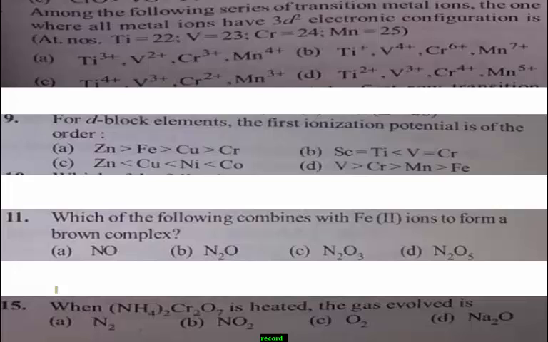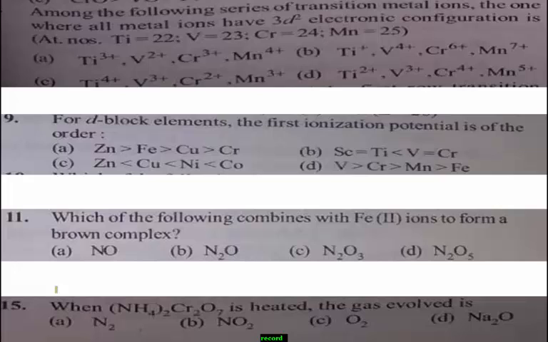Next, question number 9. One question is present here. Among the following series of transition metal ions, the one where all the metal ions have 3d2 electronic configuration is, in the bracket they given atomic numbers of titanium 22, vanadium 23, chromium 24, and Mn 25.